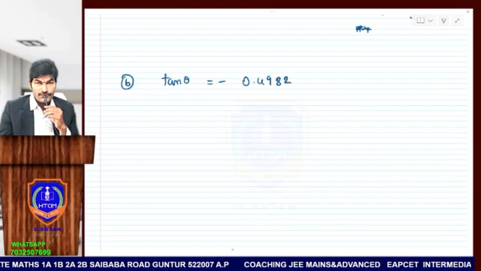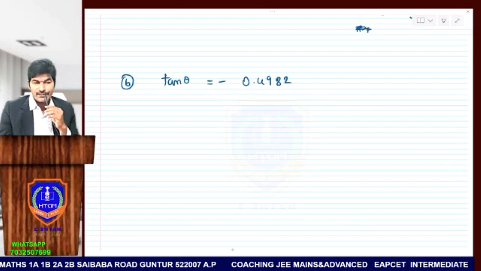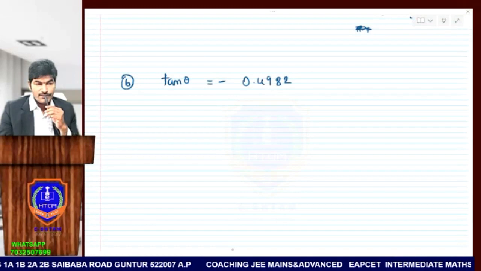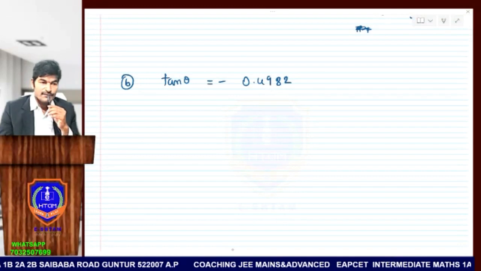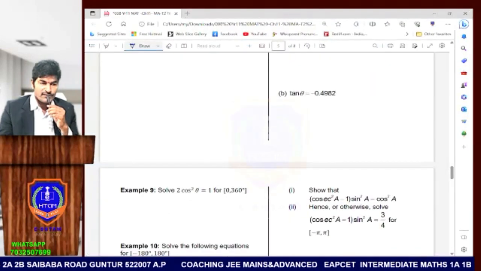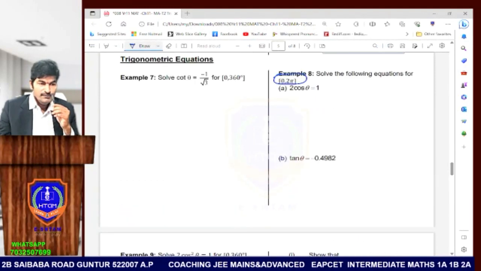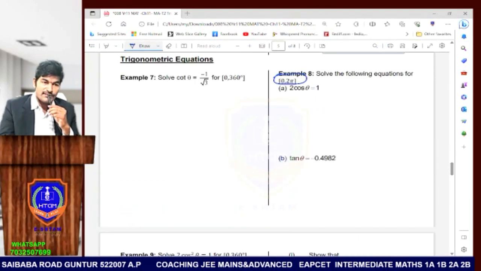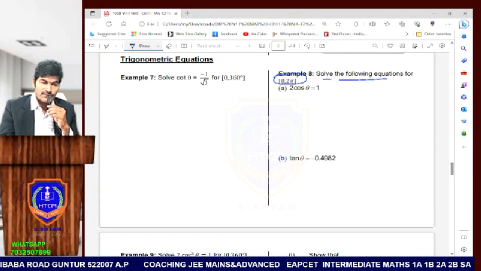Here you have to use a scientific calculator to get that particular degree. Can you use the calculator and tell me how many degrees it is? Is any interval mentioned? No. In the question it says solve the following equations for 0 to 2 pi.